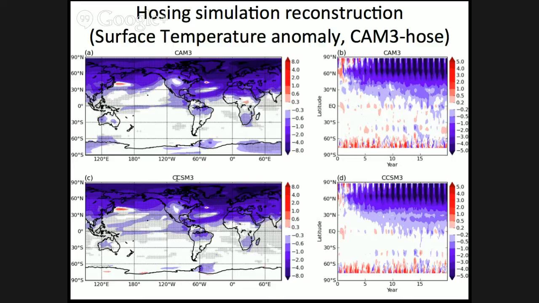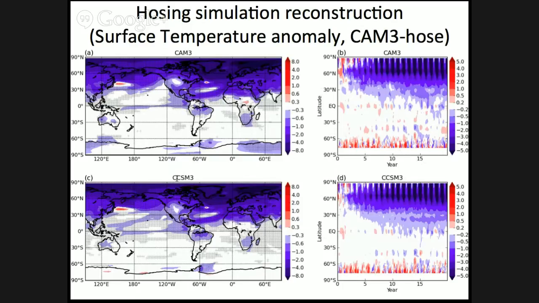In the fully coupled model, it's the same thing. The cooling originating from the high latitude propagates to the equator within around 7 to 8 years and stops there. So basically, the hosing experiment is also mimicked.